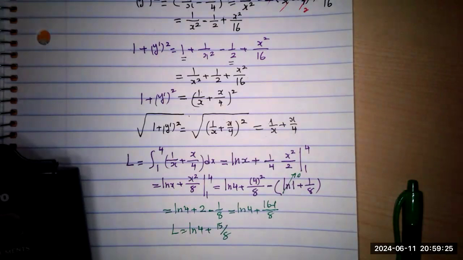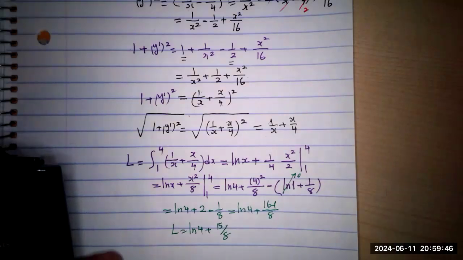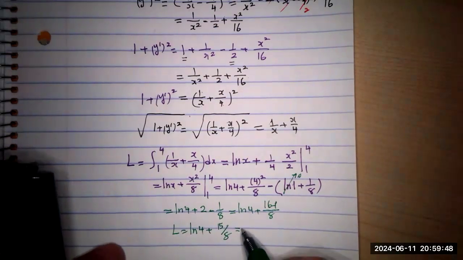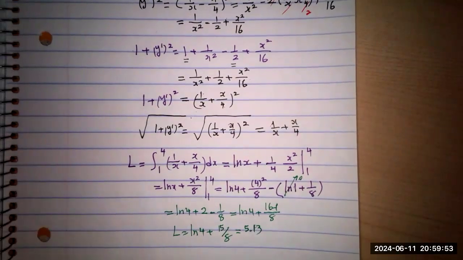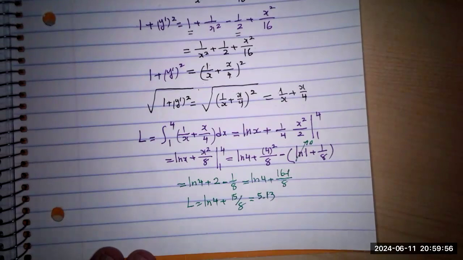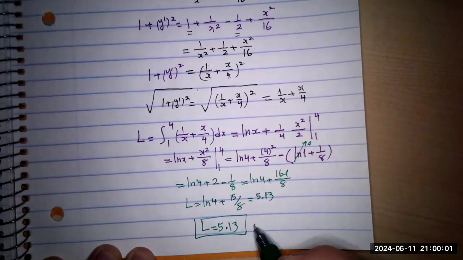This is going to be ln 4, and then I'm going to add it to 15 over 4. The final answer would be something like 5.13. I think that's correct. You don't have to, but if you like to get this number, it would be 5.13.